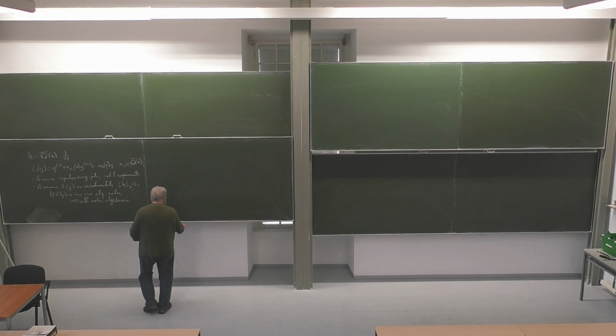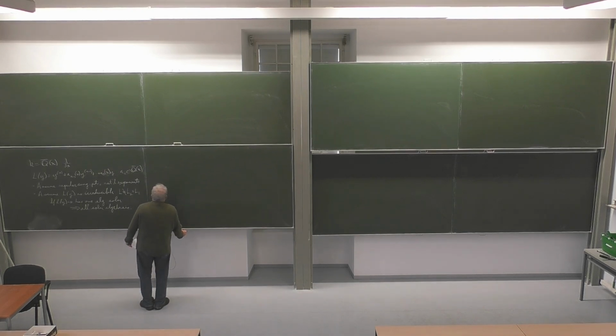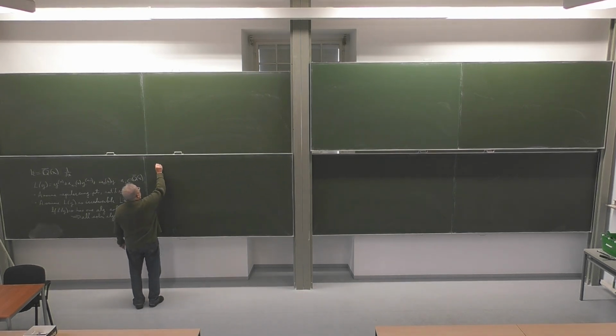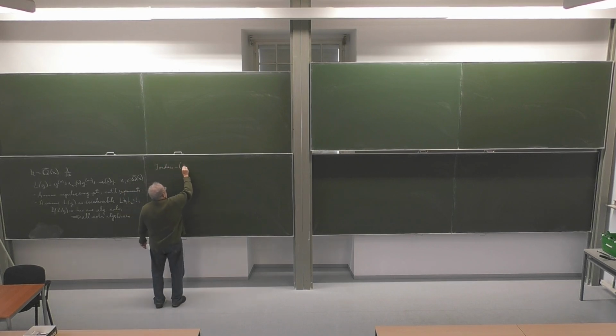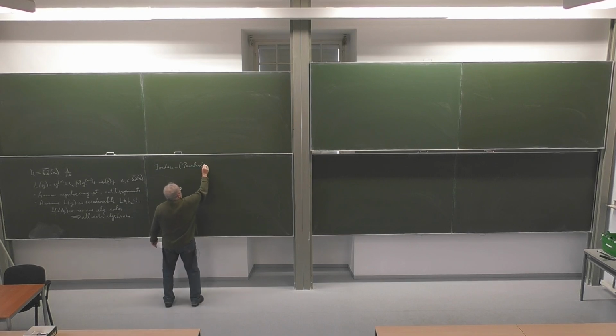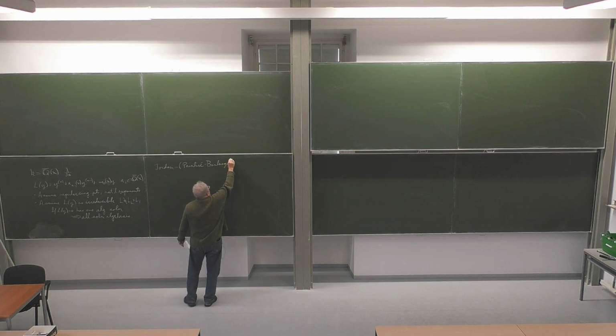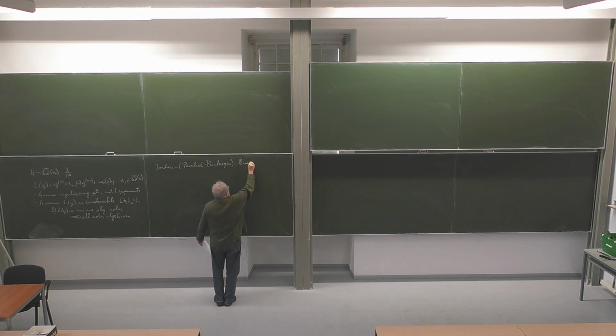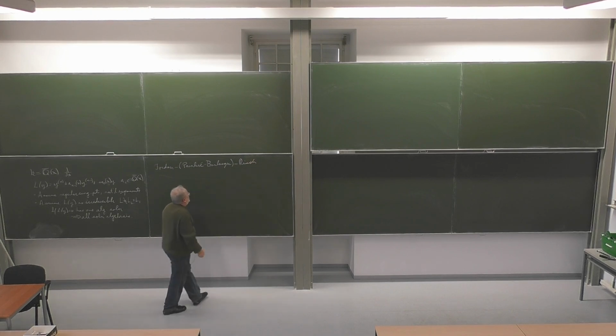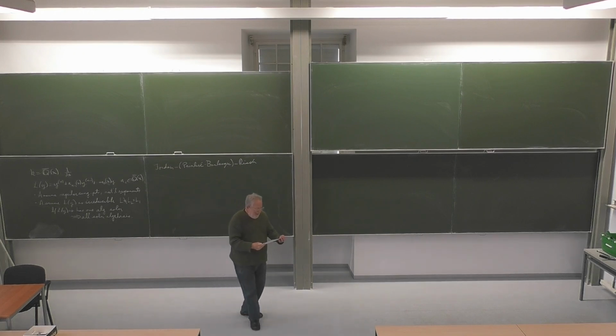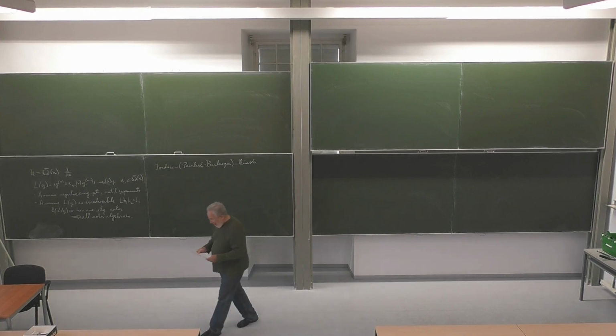So this Jordan, Painlevé, Boulanger, Risch algorithm. Boulanger was a student of Painlevé, seems like an interesting combination of words.